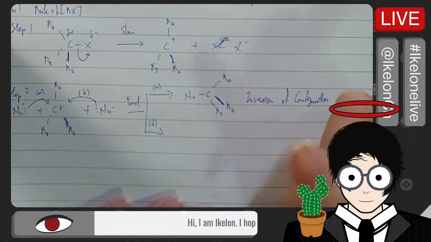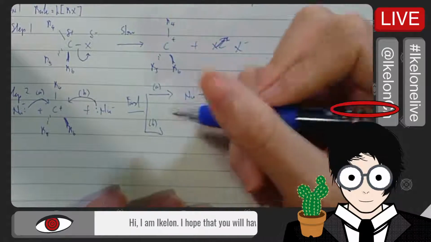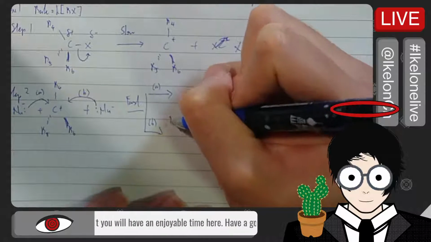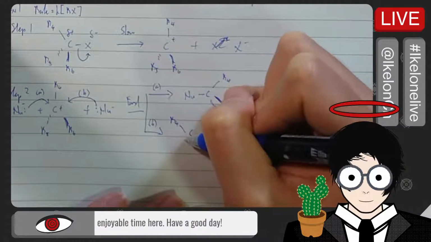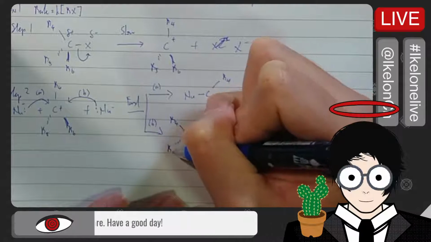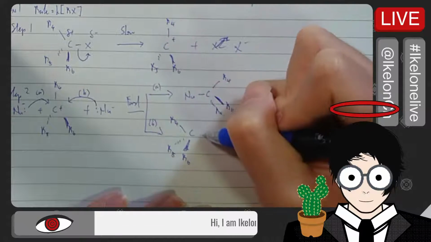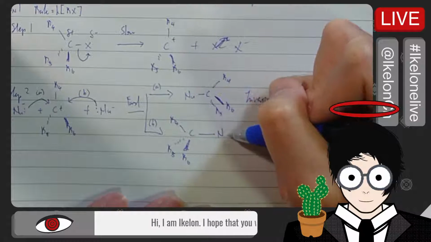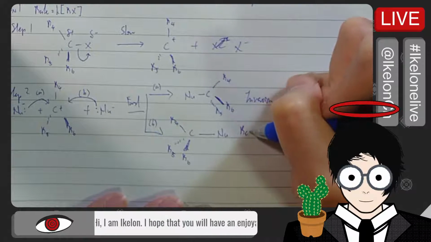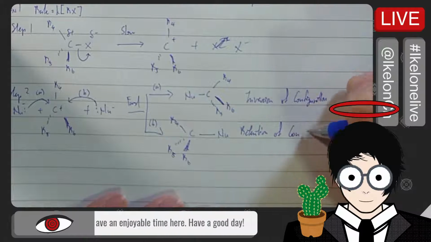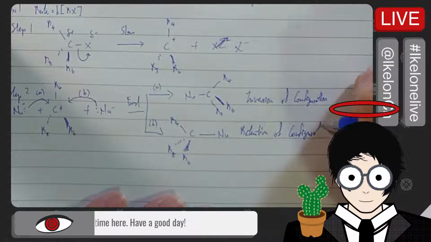Right, inversion of configuration, and if it goes by the right side, you get your R4, C, R5, R6, and then your nucleophile. And this is the retention of configuration.